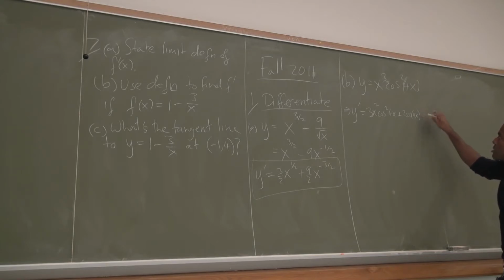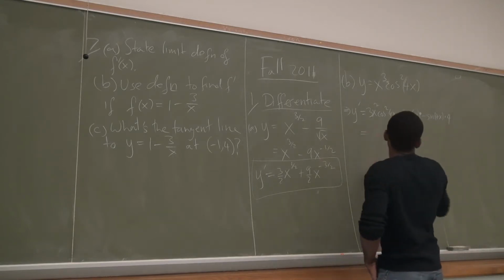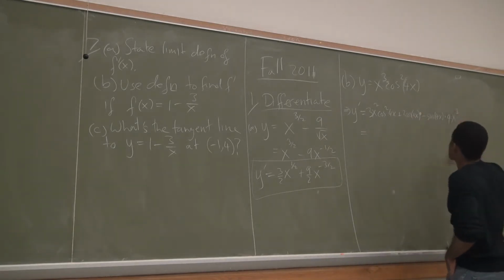Multiply by minus sin 4x, then multiply by 4 and then x cubed. Yes.